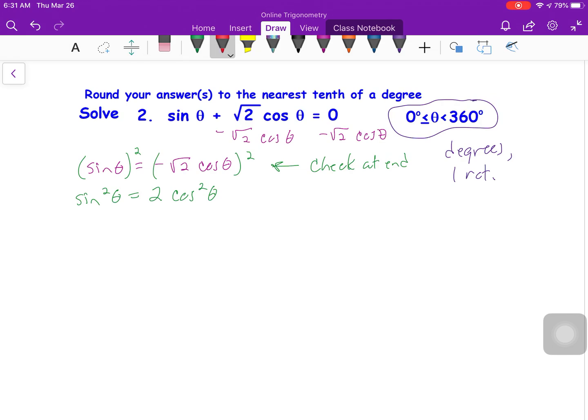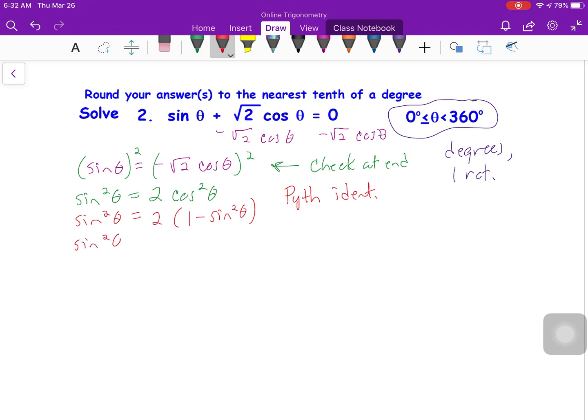Well, at this point, we still have two different trig functions, but we can use the Pythagorean identity to rewrite all of them in terms of the same trig function. And I'm going to rewrite everything in terms of sine. So I'll have sine squared theta equals 2 times 1 minus sine squared theta.